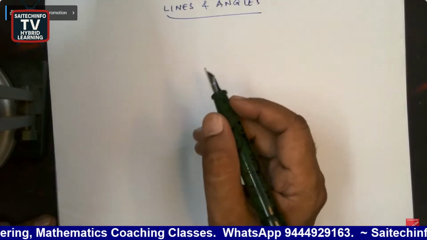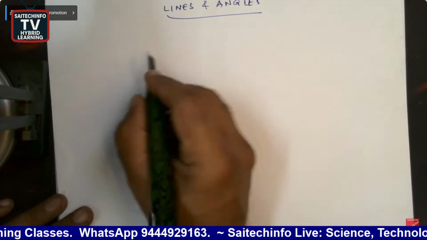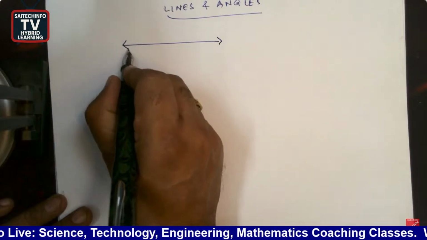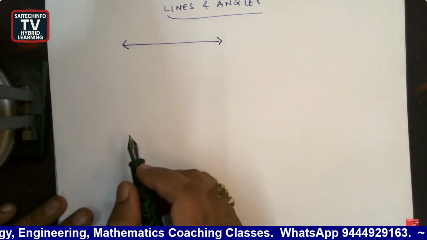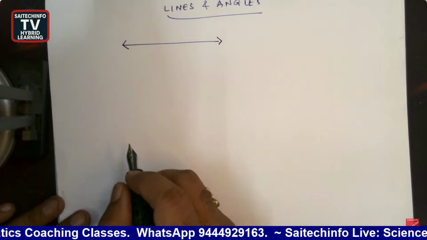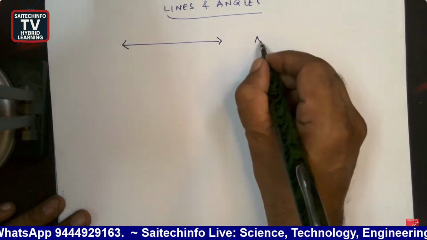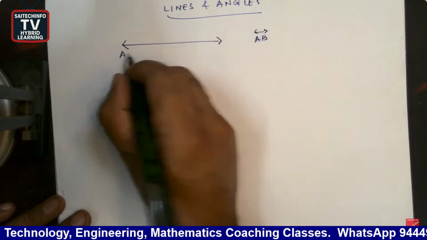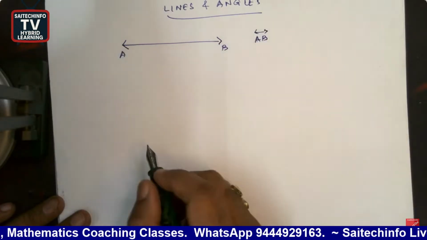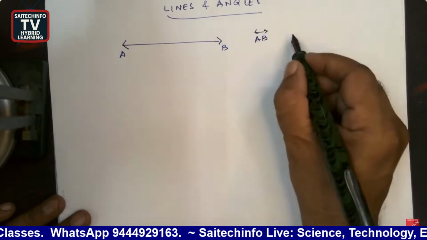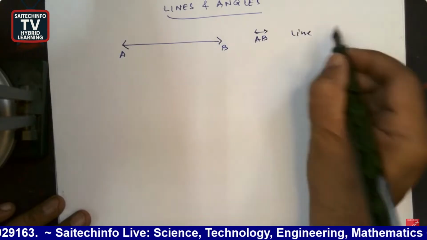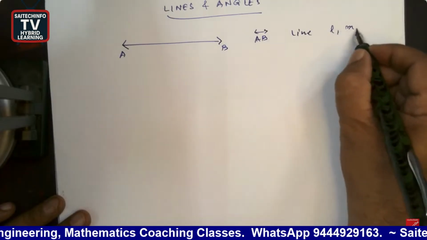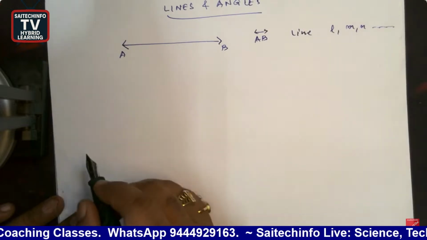Lines and angles. A line can be represented by a double-headed arrow like this. Usually this can be called as AB. Sometimes this can be represented by small letters L, M, N also in this lesson.